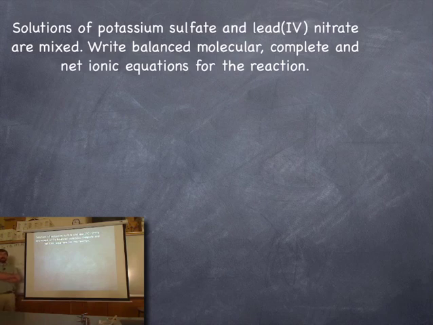Please, once again, note, if you don't know what the word sulfate means, if you don't know what the Roman numeral 4 means, or what nitrate is, you need to go back through and rememorize those things, because you will be stuck on these problems without those words. Okay? All right, give those problems a shot.